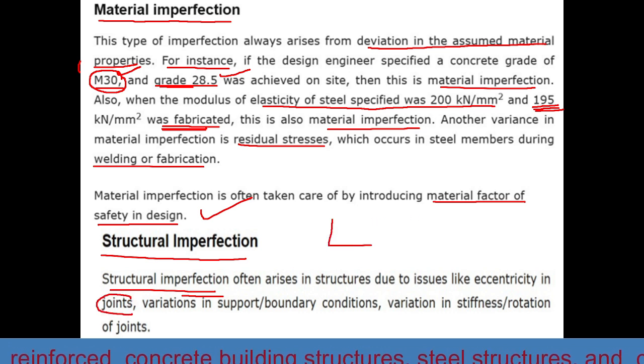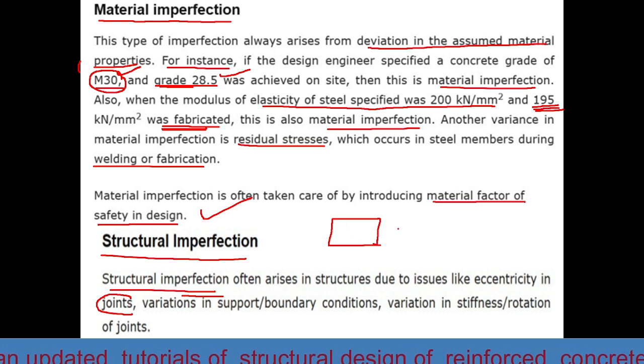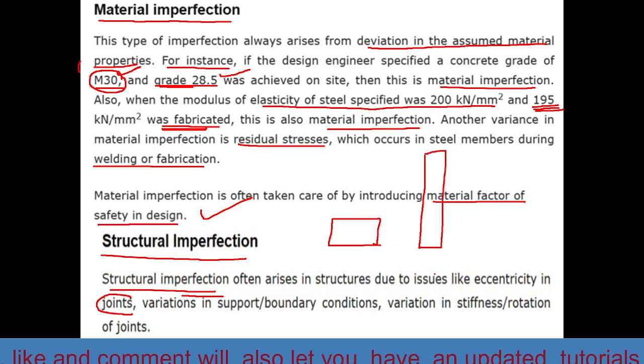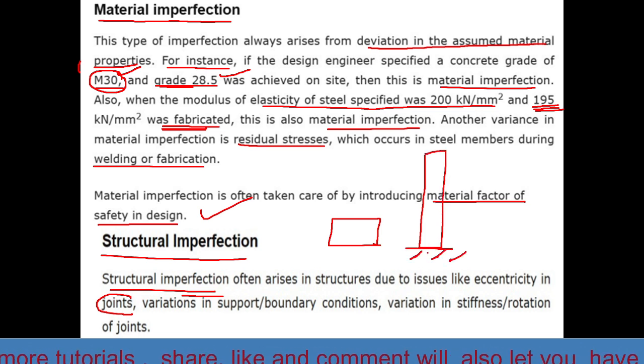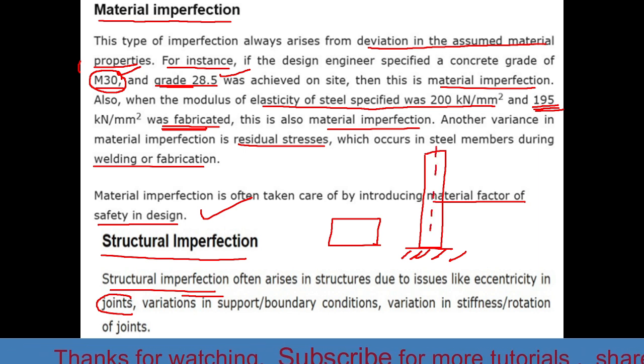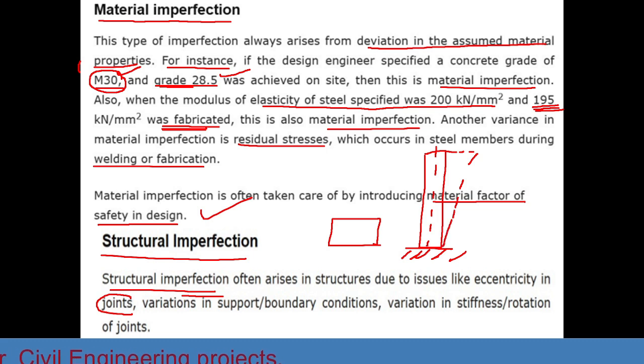Suppose, for example, if we have a column, just this column, here the center of the column is just this one. So this column may be tilted at some angle during the erection of the formwork.